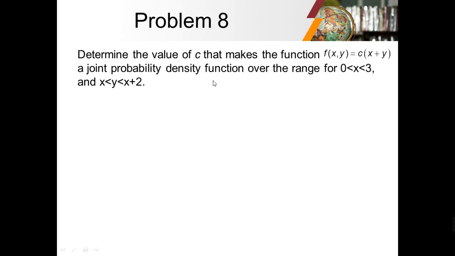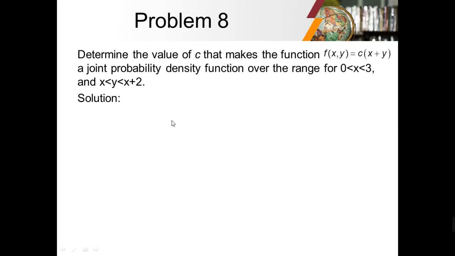Okay po. So, para makuha natin yung value ng c, katulad din nung sa ginawa natin dun sa problem number 1. Alam natin na ang pagkuha ng joint probability is simply equal to the double integral of the given function. And kung isa-substitute natin ay yung buong range ng values ng ating random variables, yung probability na makukuha natin ay equal sa 1.